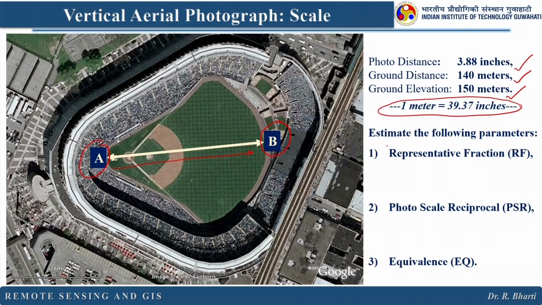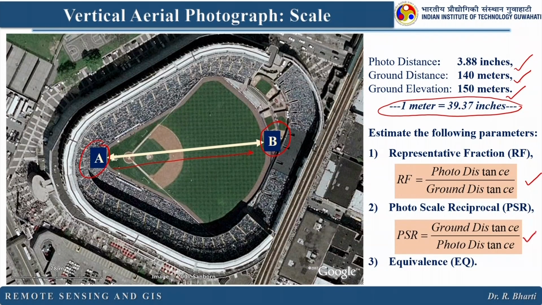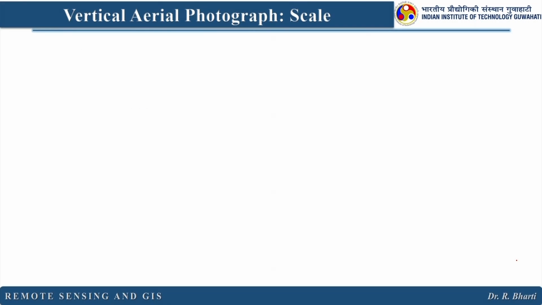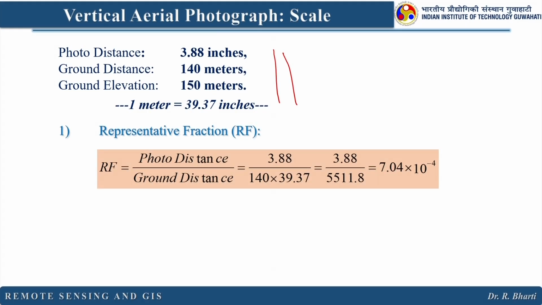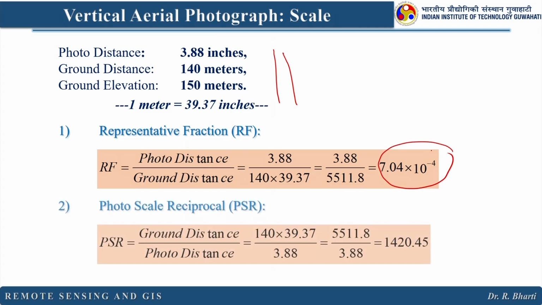So here what you have to calculate: you have to calculate representative fraction, then photo scale reciprocal, and then equivalence. How do you calculate? Using these formulas, right. Now let us see, we have all these knowns, and for representative fraction, RF, you can use this formula and the values will be like this, right.